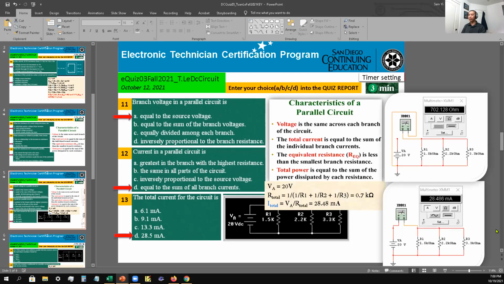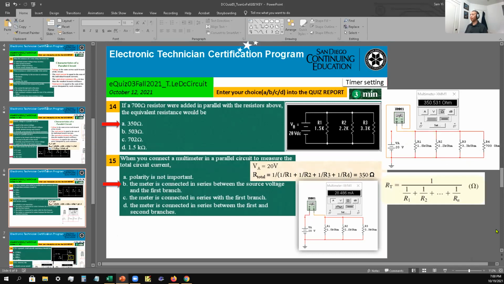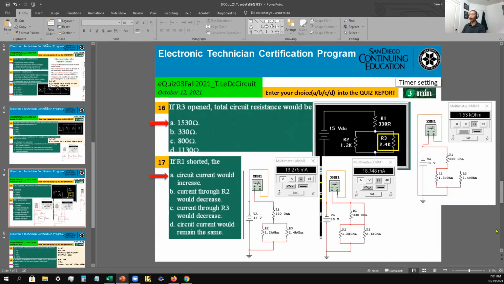Next page. Number 14, the answer is A as in Adam. Number 15 is B as in Bob. Any question on 14 or 15? No question.